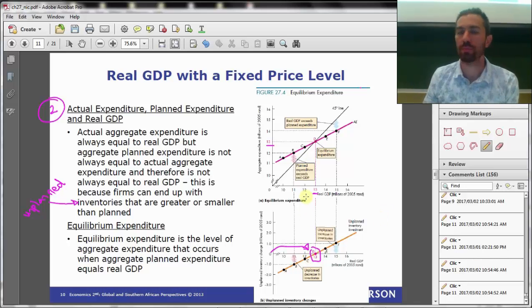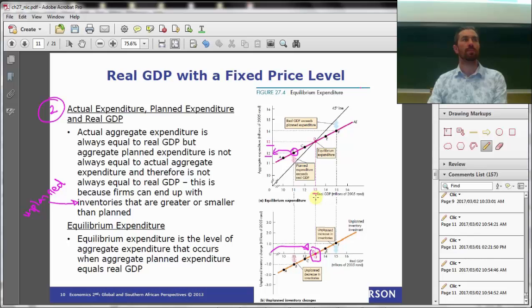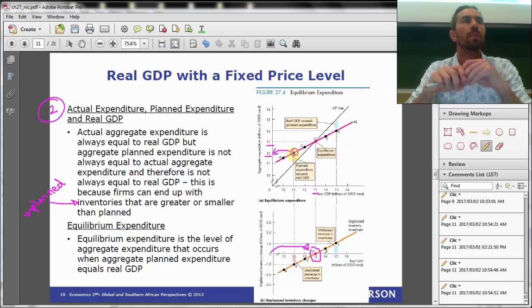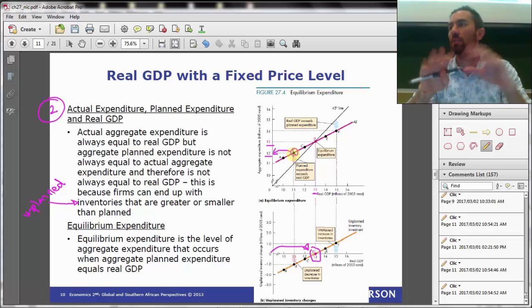However, if we consider a point like point B, our planned expenditure level is 12. Okay? What that means is that going into this period, firms, and all of this discussion centers around firms.